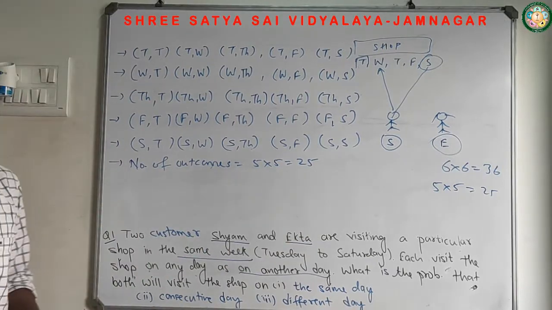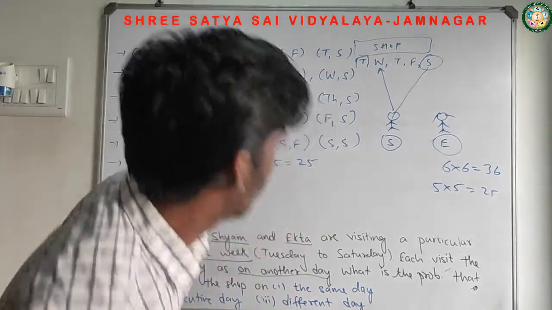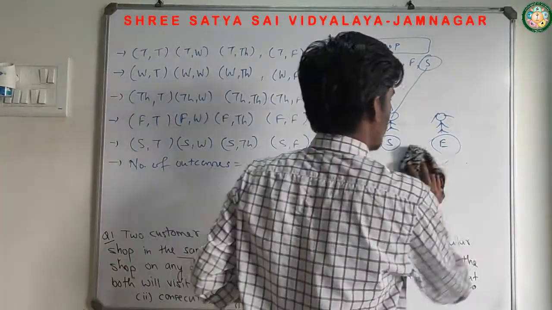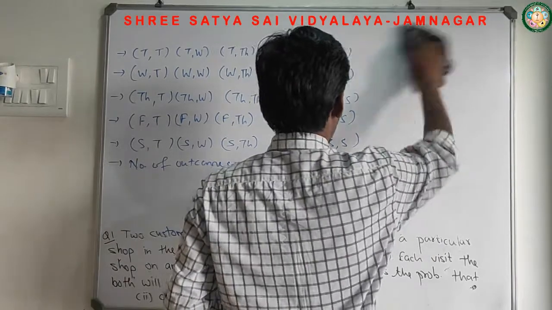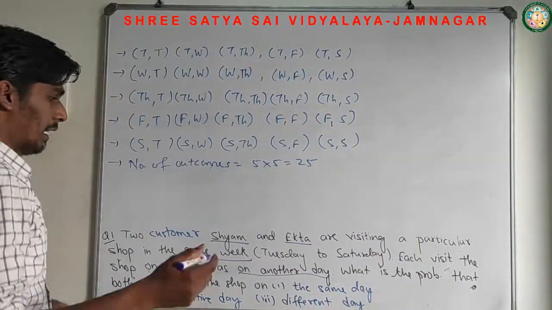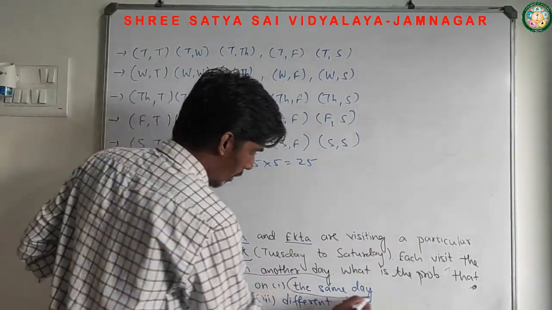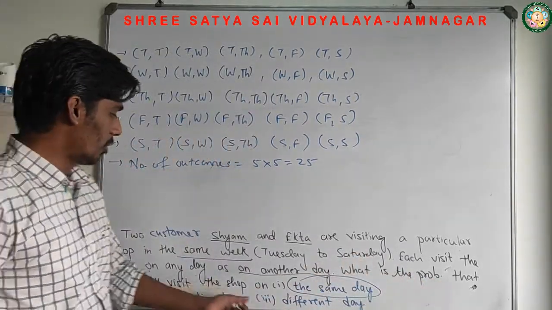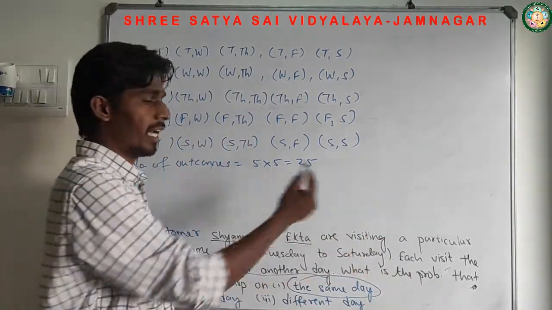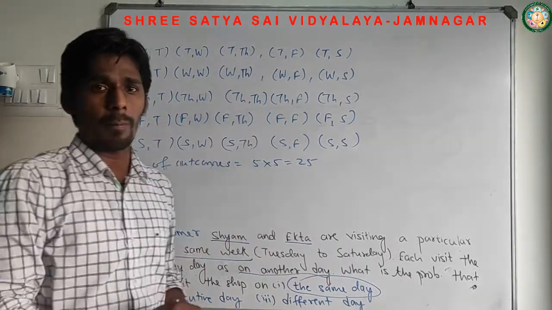Let's write down all the answers directly. Let's start with the first one. What is the probability that both visit the shop on the same day? We have to find out that Shyam and Ekta both visit the shop on the same day.